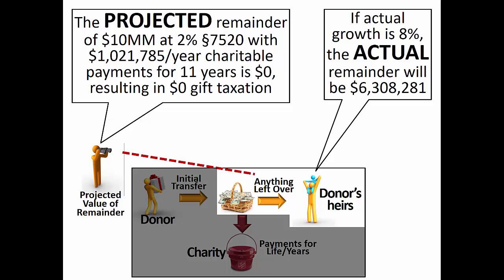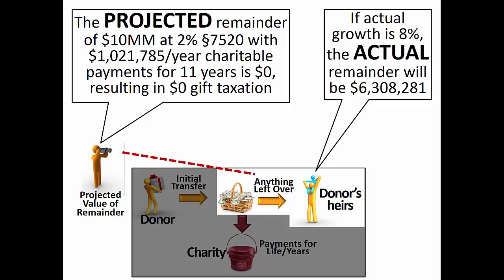Conceptually, this might seem to be a lot of effort to go through just to be able to transfer the, quote, extra growth above the Section 7520 rate. But consider that in the previous example, if the $10 million transfer grew at 8% instead of the Section 7520 rate of 2%, this transaction results in $6,308,281 being transferred to the heirs with no gift or estate taxes.